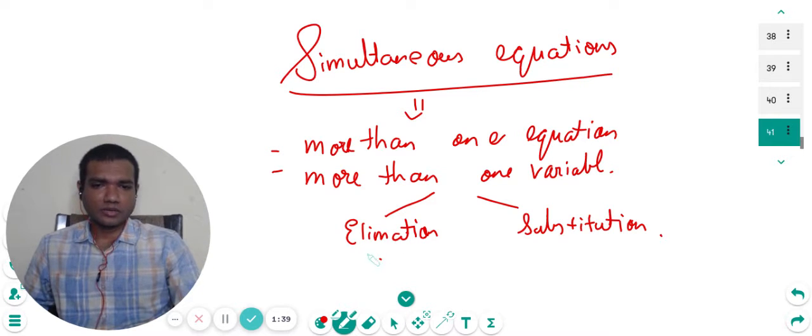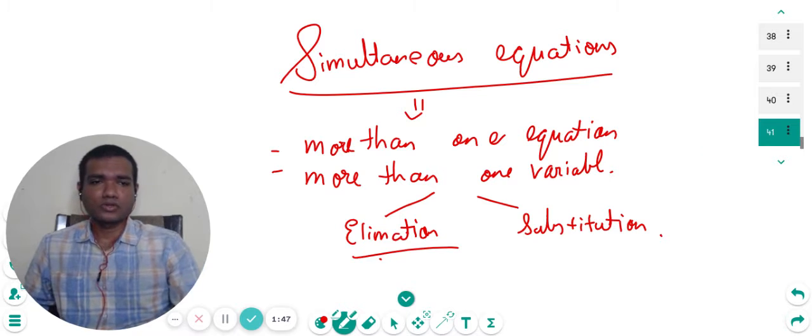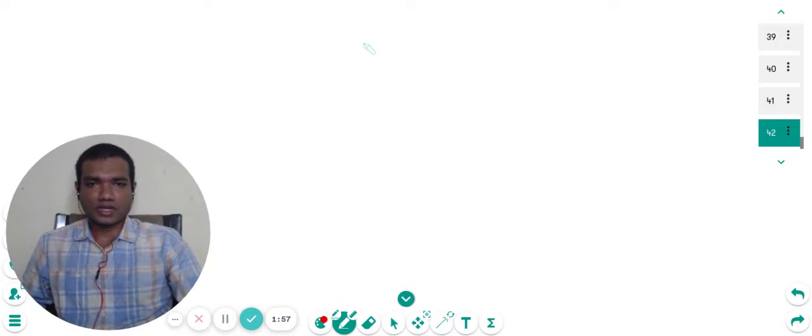When we eliminate something, we are trying to eliminate one of the variables so that we'll be able to find the value of the other variable, and then find the value of the variable which we eliminated in the first place. So that's one way to think.